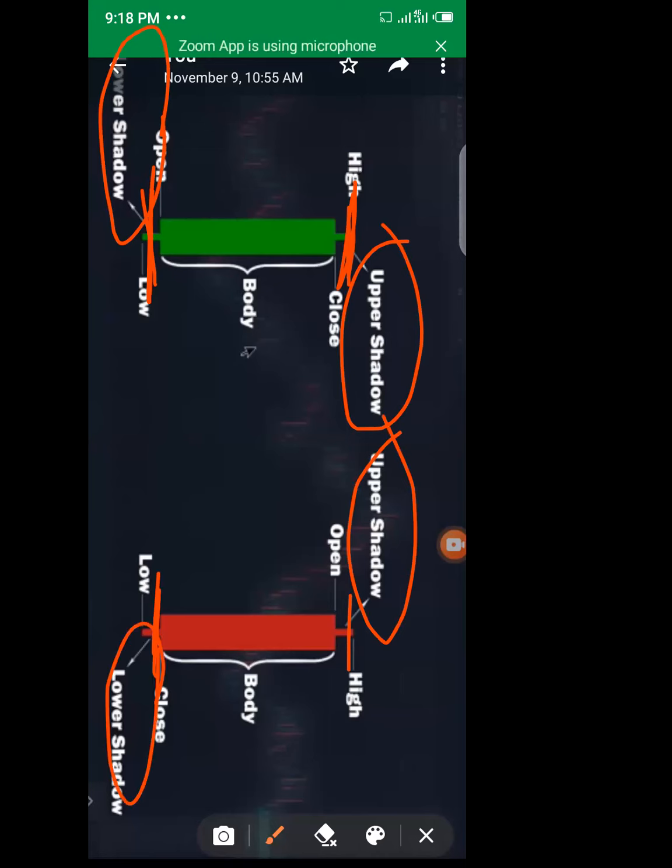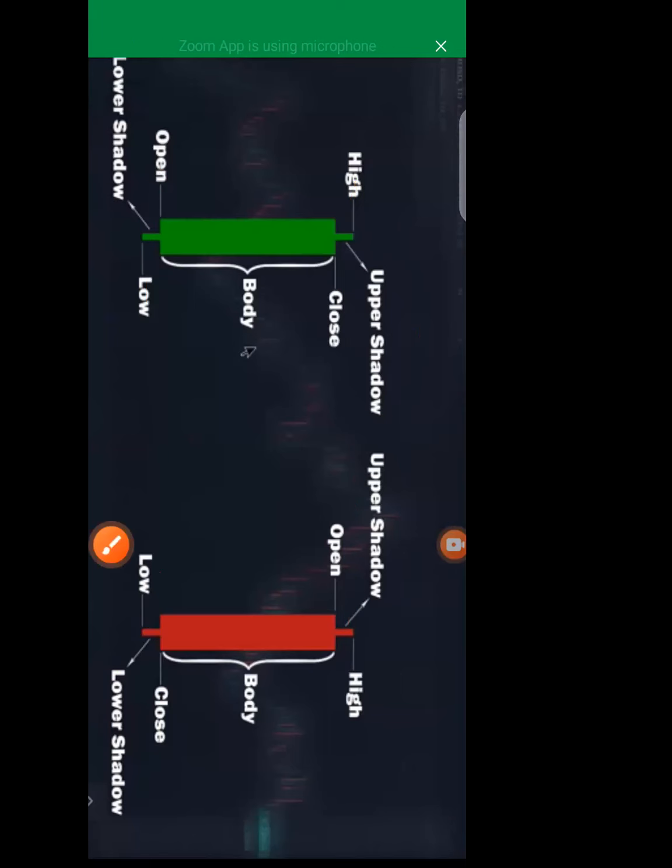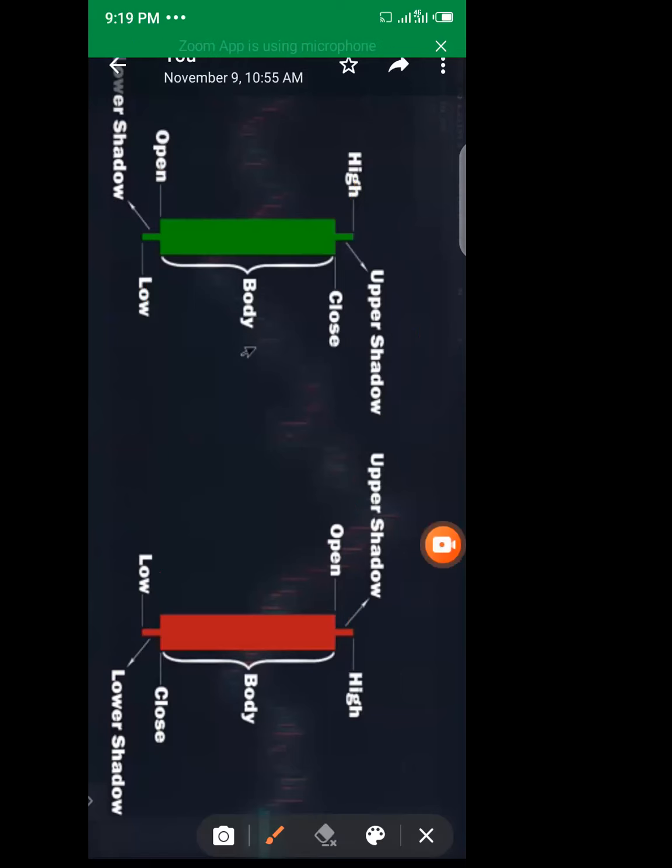So what this means is that at this particular wick level, okay, let me put it this way. At this particular level, sellers push the market down. The buyers also came in to form what we are talking about at the bottom here.